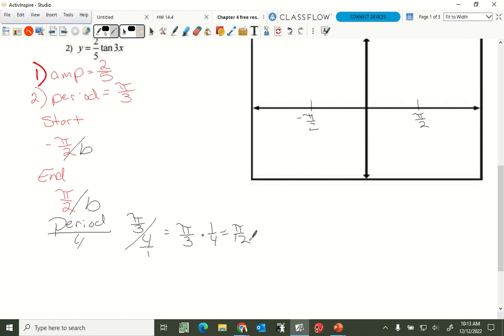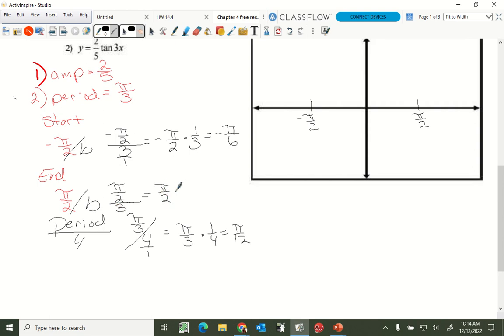So yes, the start and end I messed up on right here. It's supposed to be negative pi over 2 divided by 3 over 1. So negative pi over 2 times 1 over 3, negative pi over 6. Same thing goes for the end. Positive pi over 2 divided by 3.